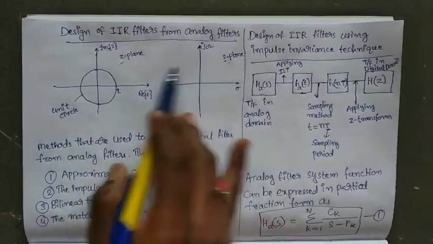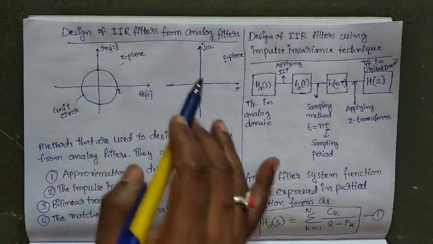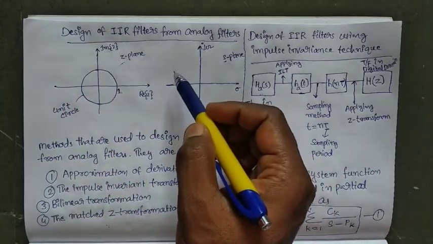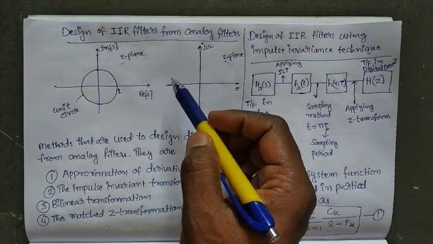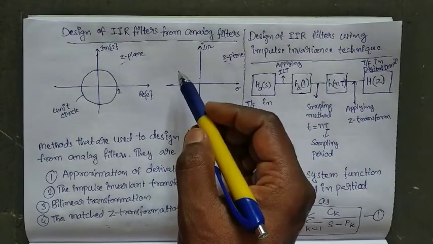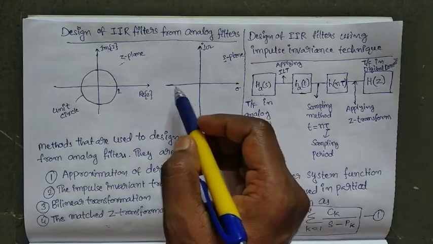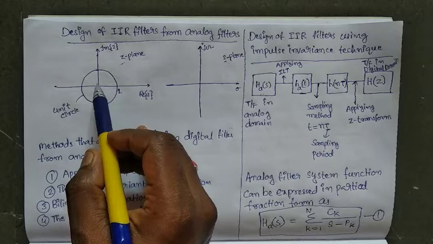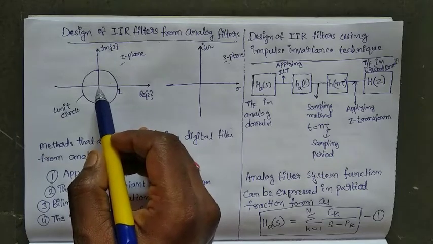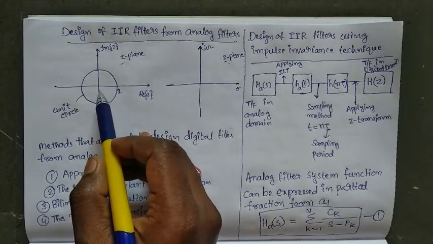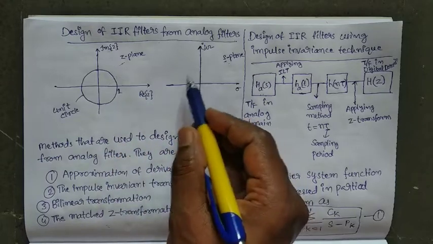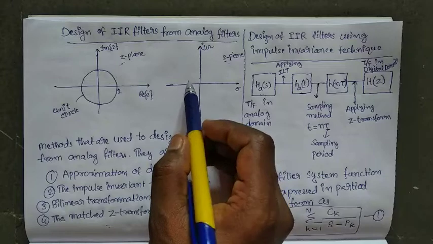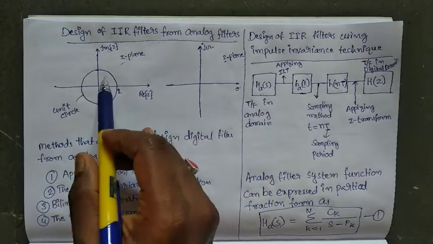The second property is that the left half of the S plane should be mapped into the inside of the unit circle in the Z plane, meaning a stable analog filter will be converted to a stable digital filter.